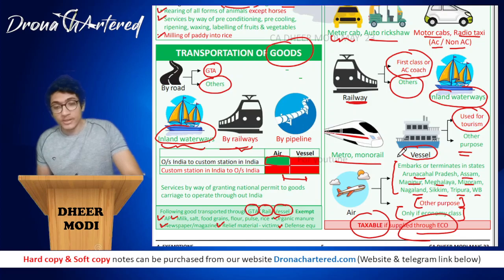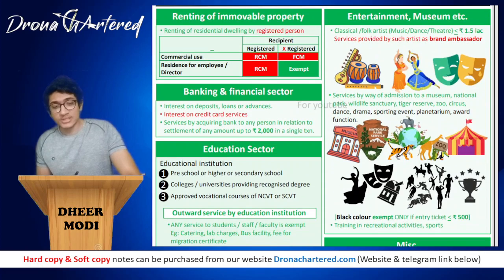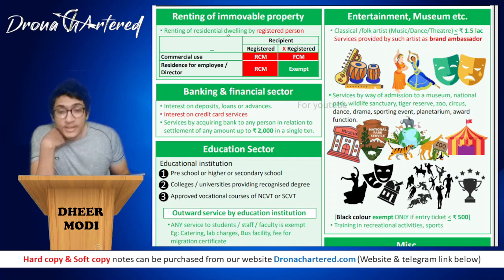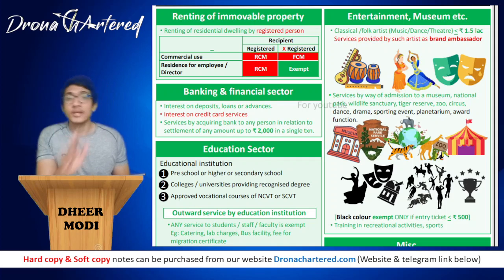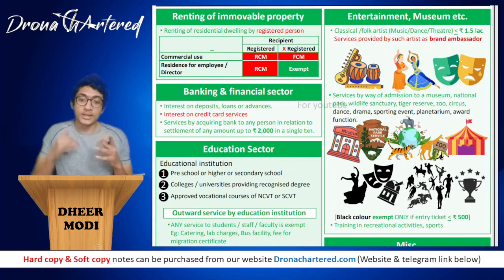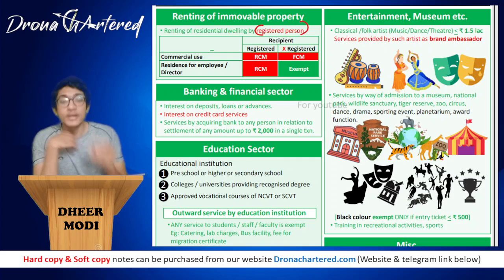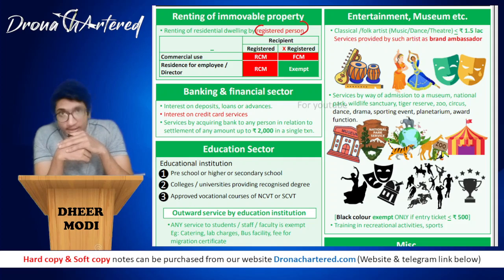Okay. Now, coming to our last part of the chapter, that is your last page. So, renting of immovable property, renting of residential dwelling. Renting of residential dwelling, that is for the purpose to stay, is exempt. However, if it is rented by a registered person, then it will be taxable. Clear?